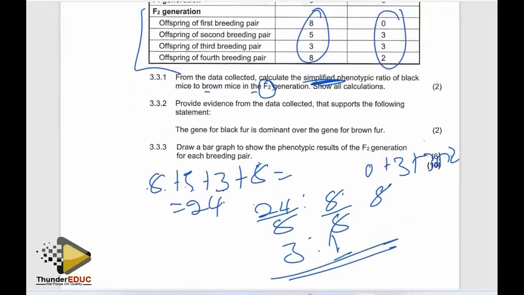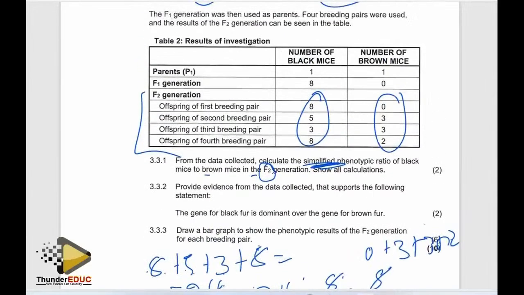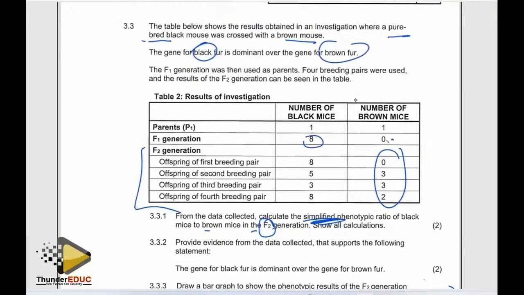Then they are saying provide the evidence in the data collected to support the statement that the gene for black is dominant over the gene for brown. If you look here, the first generation, all of them were black. None was brown. They crossed black and brown, so you would expect to get both.